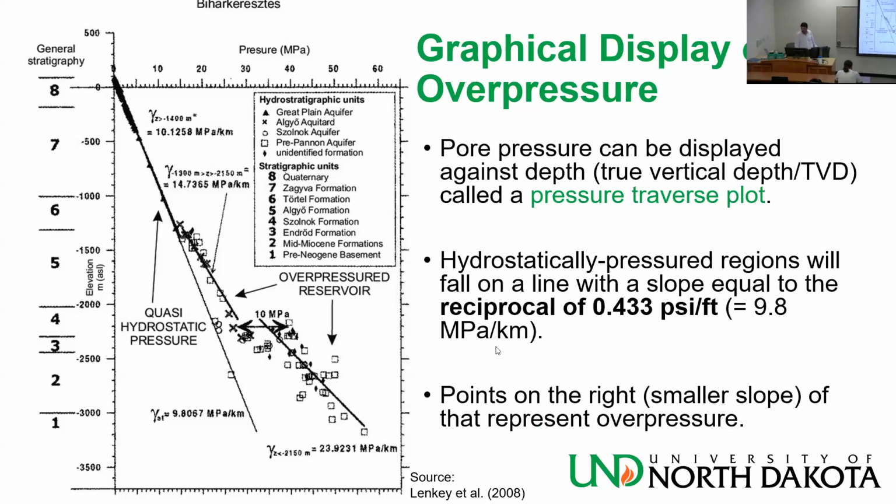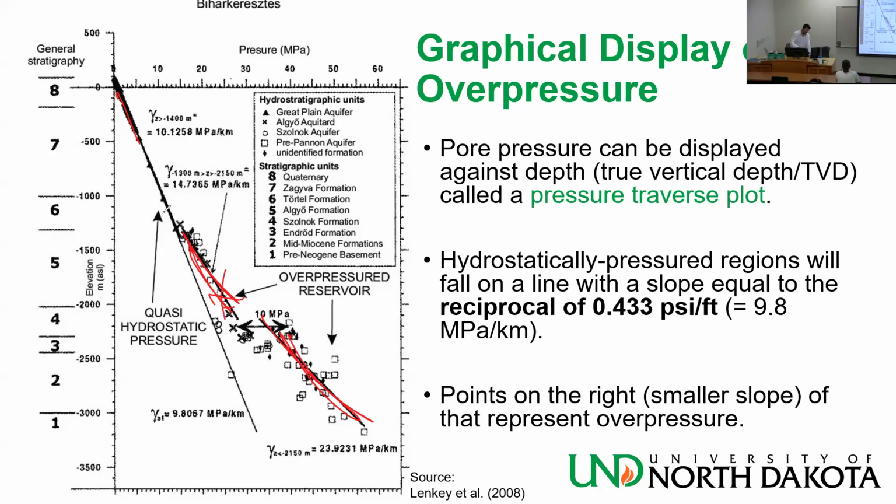Points on the right is a smaller slope, and points on the left is a bigger slope. Because here, it's a bigger slope, but what is the slope of this plot? The slope of the plot is the unit of the y-axis divided by the unit of the x-axis. So it's gonna be feet per psi. So if I see a smaller gradient on the diagram, like I do when I go from here, my slope is bigger than here, right?